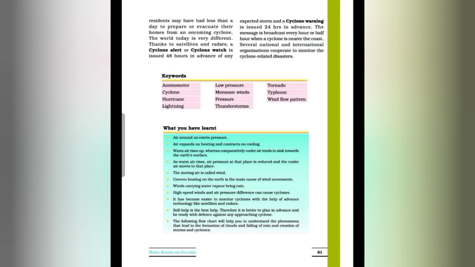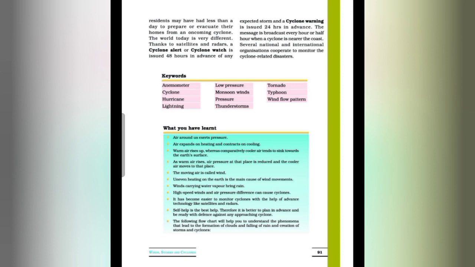Thanks to satellite and radars, a cyclone alert or cyclone watch is issued 48 hours in advance of any expected storm, and a cyclone warning is issued 24 hours in advance. The message is broadcast every hour or half hour when a cyclone is nearer the coast. Several national and international organizations cooperate to monitor the cyclone related disaster. So advanced technology for cyclone forecasting and the warning is now available.